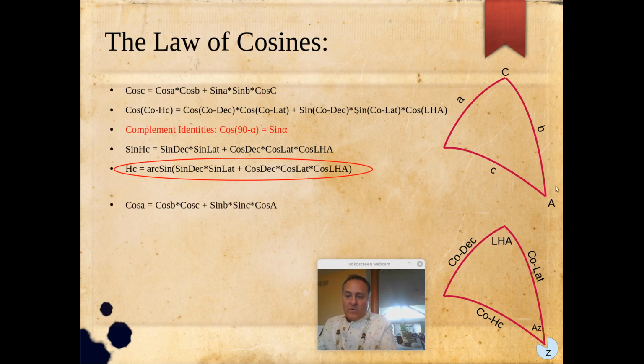Now, similarly, I want to discover the zenith value down here. So, again, I'm going to use the same idea. The cosine of this value here, A, is equal to the cosine of B times cosine C. You see, the side is equal to the multiple of the other sides, plus the sine of the other sides, times the cosine of the angle opposite.